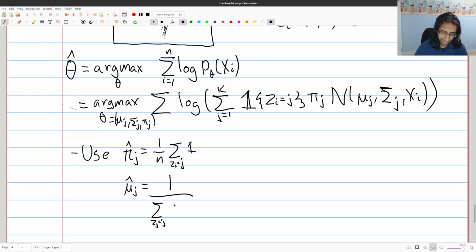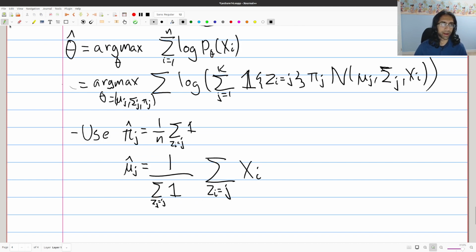Essentially, just averaging over points in this component. So this is the mean of this component, where we just average them.